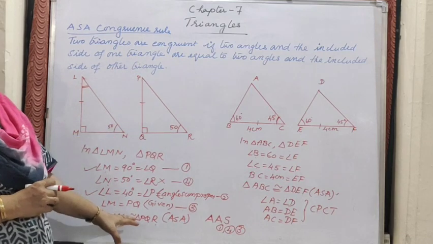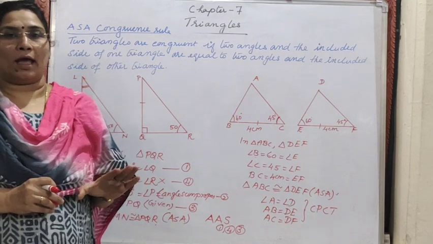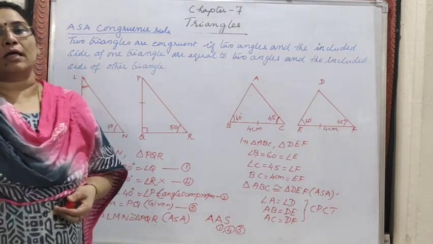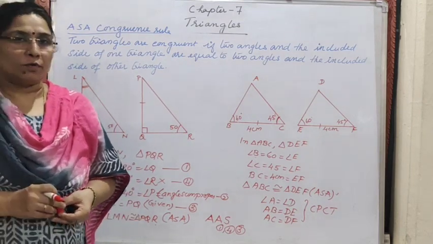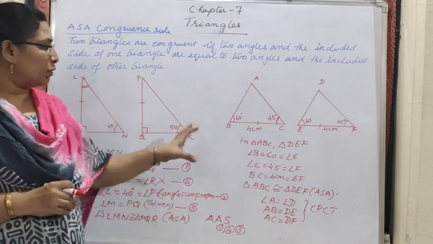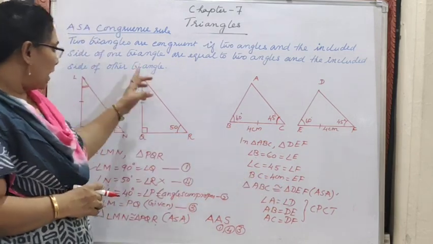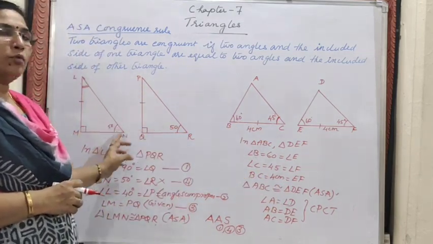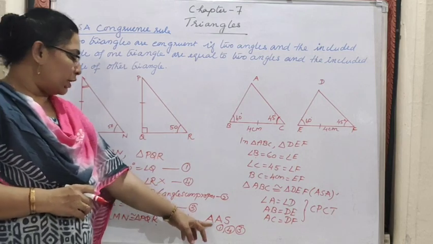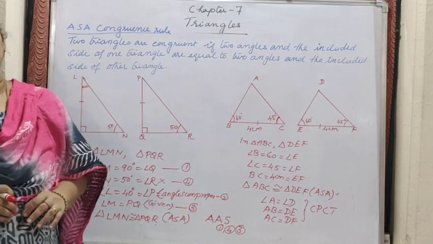For proving problems, we can write either ASA or AAS depending upon the statement given in the question. Both are correct, so both ways you can prove. If the question gives the included side, then we should write ASA. If the side is not included, but two angles are equal, then we should write AAS. Both ways this congruency criteria can be written.